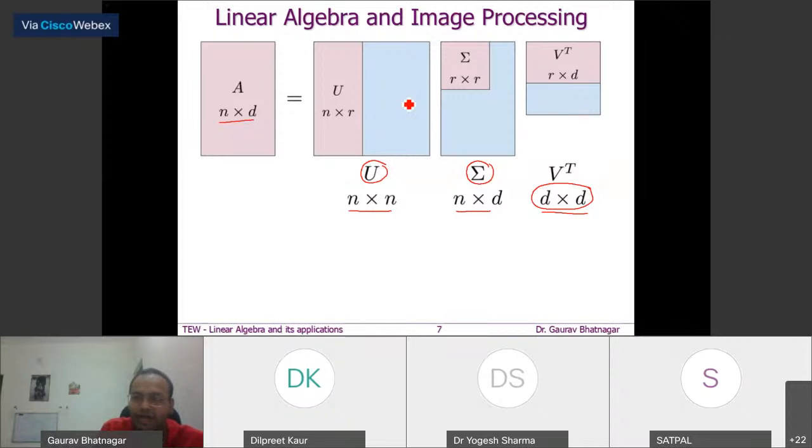So you have to ensure that the dimensions of U, Sigma and V are such that the matrix multiplication is possible, and in this case it is.